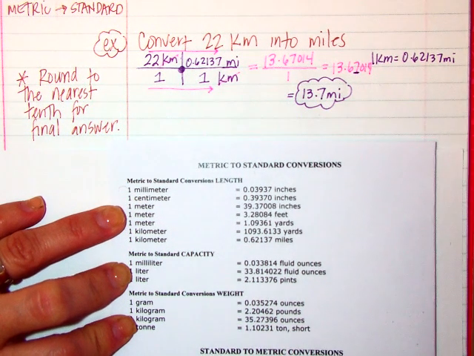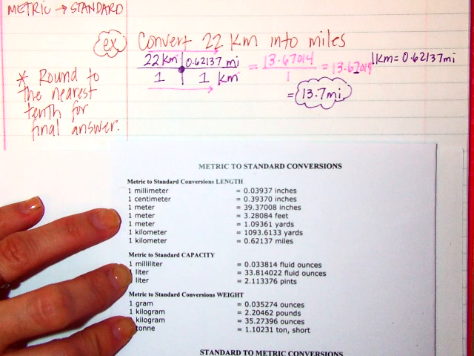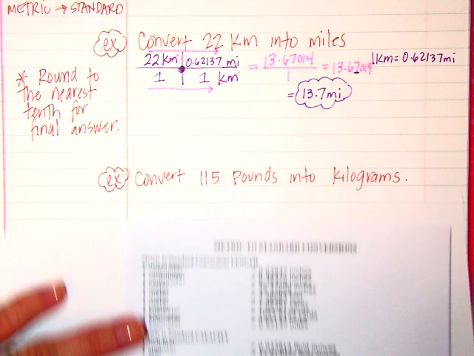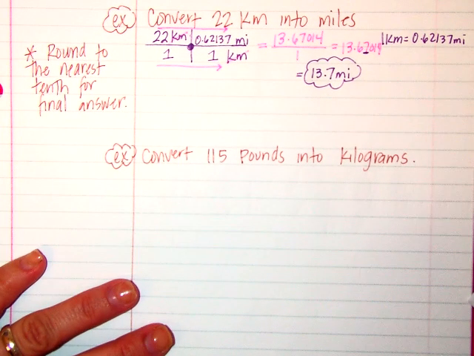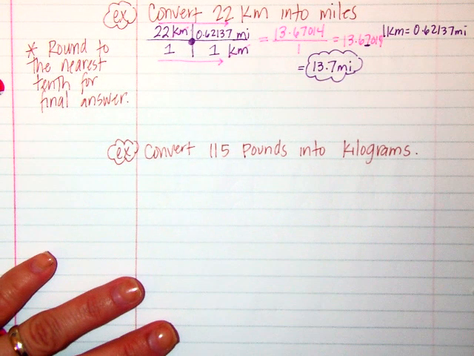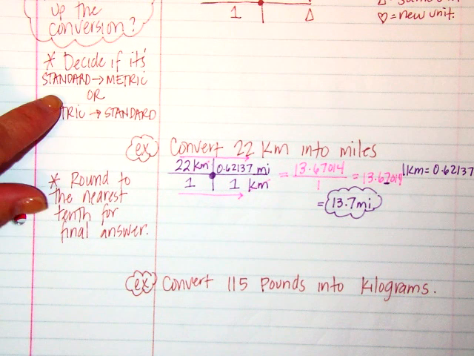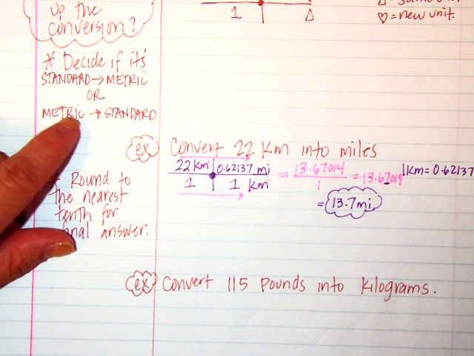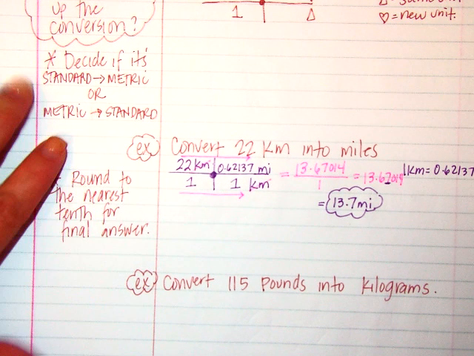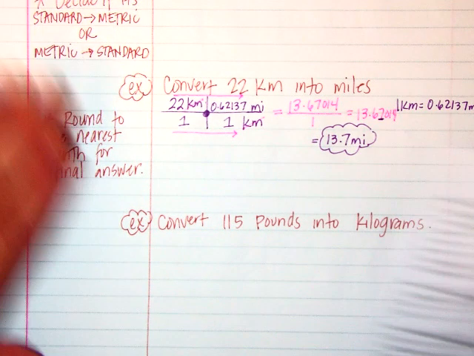Okay, let's try another one. So we want to convert 115 pounds into kilograms. So again, you have to first decide if you're going from standard to metric or if you're going from metric to standard. Okay. So one more time, I'm going to look at my chart.